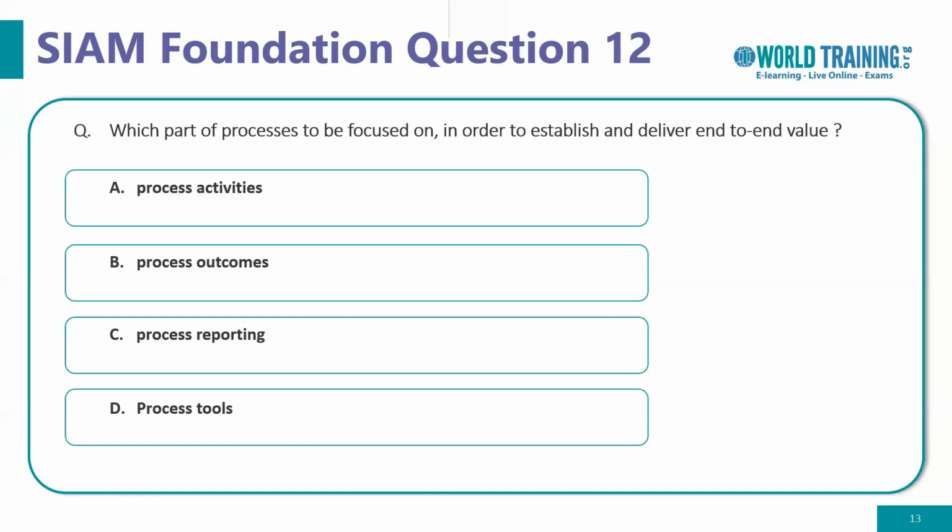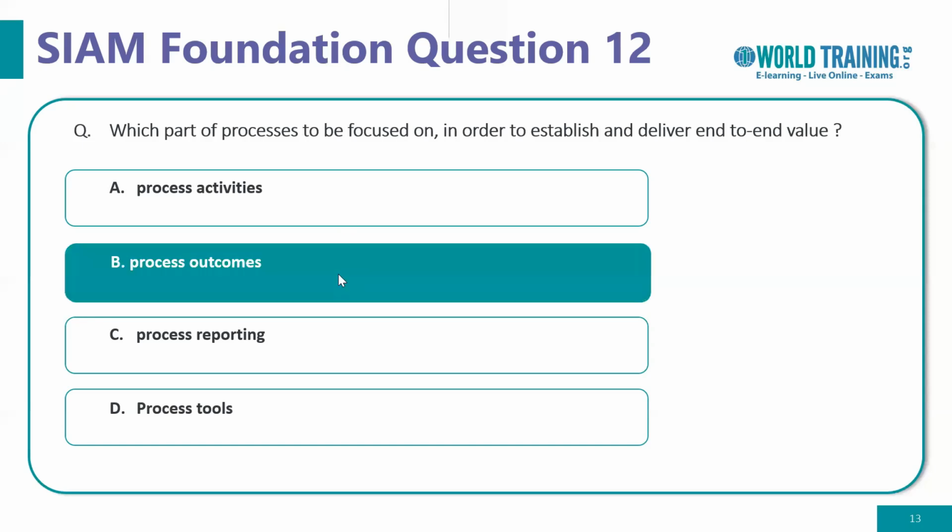Did they get value out of it? Only the outcome can say. So the most relevant answer here is outcomes. Let's look at reporting. Reporting is garbage in, garbage out. Whatever information or data you put in determines the report, so that is again not giving end-to-end value. And process tools are enablers but may not give end-to-end value. So the answer could be, as I said, process outcomes.